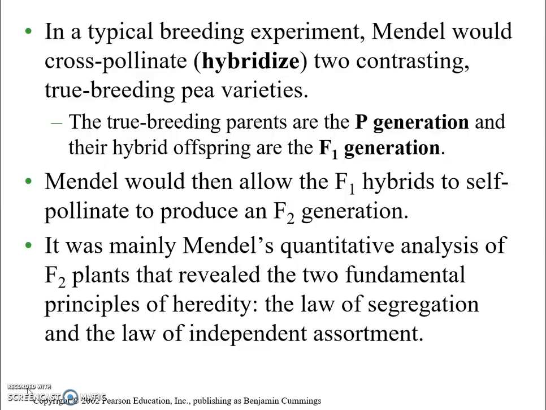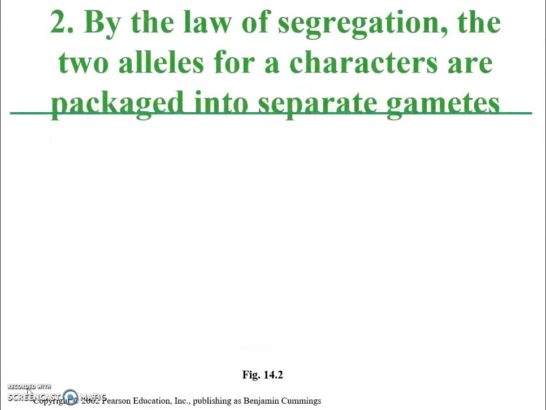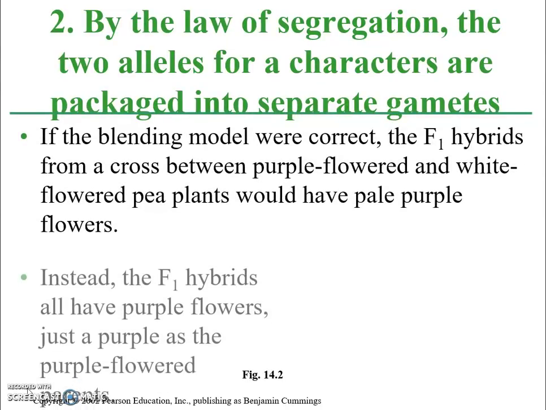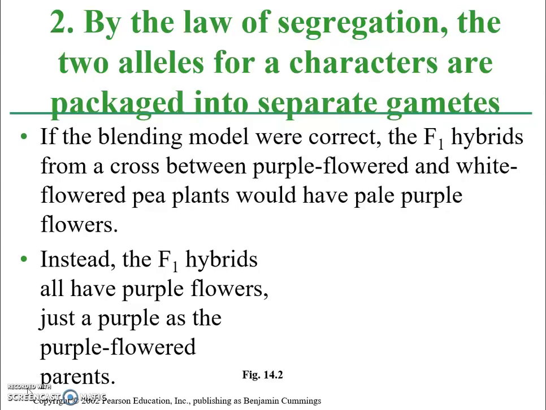What that means is he kept crossing these plants, and over time he realized that there are certain traits that express, and he called them dominant, and the others were masked by the dominant trait, and he called them recessive. So by the law of segregation, 2 alleles for a character are packaged into separate gametes. And this is what we now know as the process of meiosis.